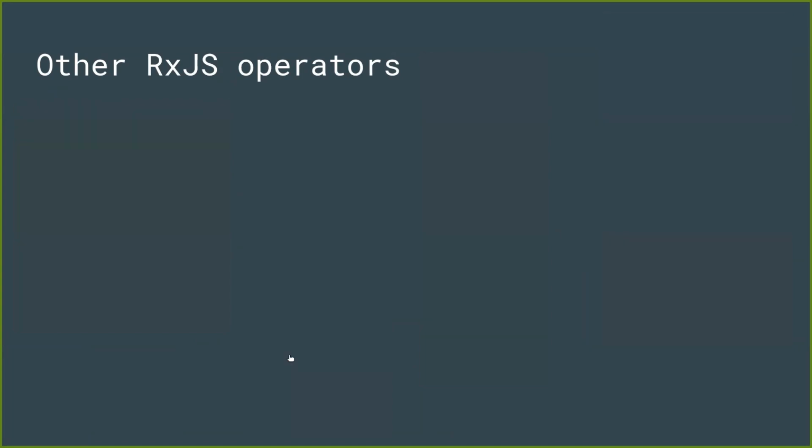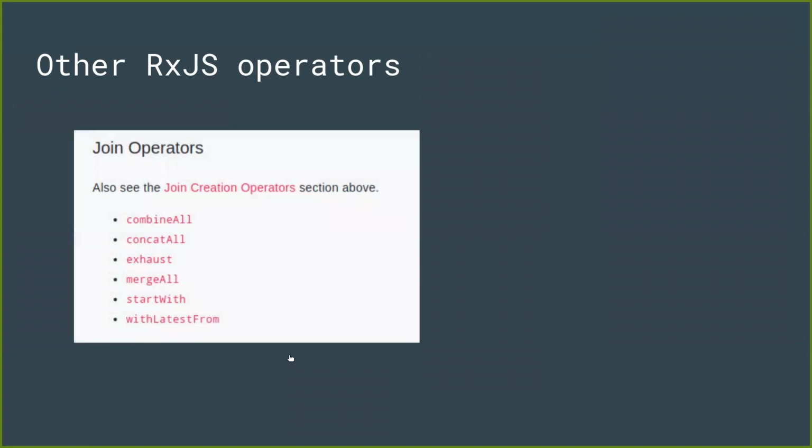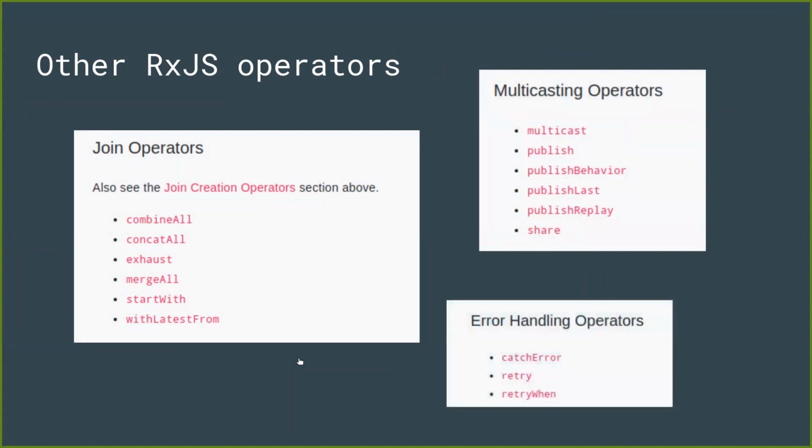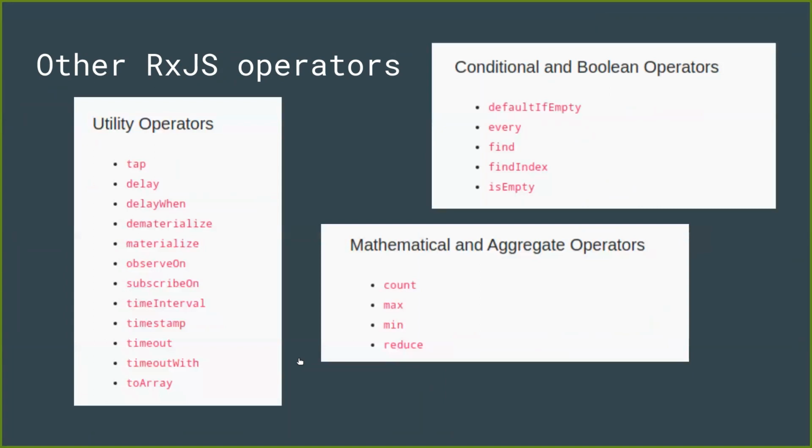We have join operators, filtering operators, transformation operators, creation operators, multicasting operators, error handling operators, utility operators, conditional and Boolean operators, and mathematical and aggregate operators. So there are some of them, right?